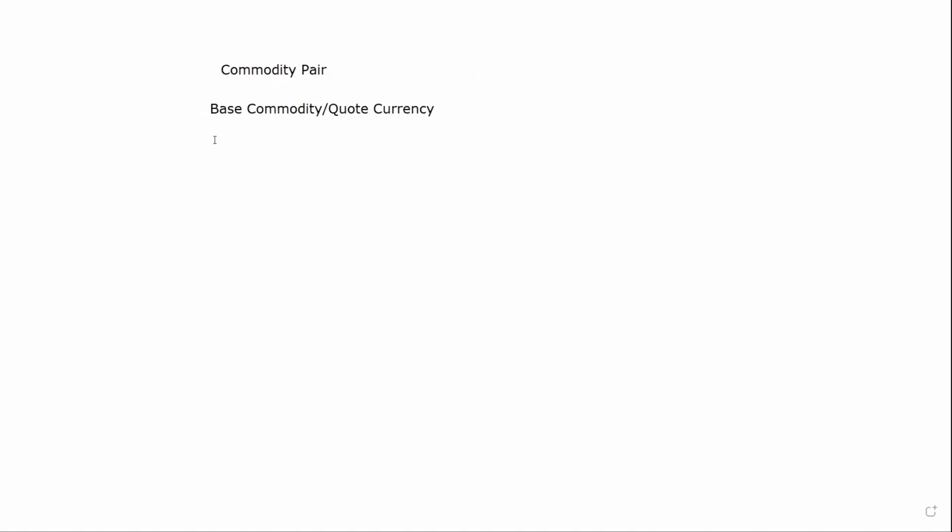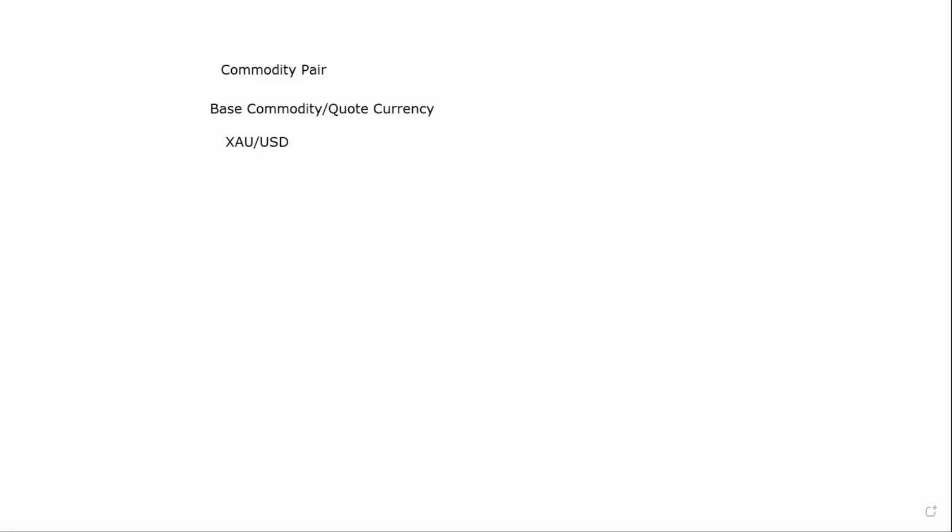An example of a commodity pair is XAU slash US dollar. This is gold, gold US dollar. US dollar is the quote currency, and XAU, also known as gold, is a commodity, the base commodity.